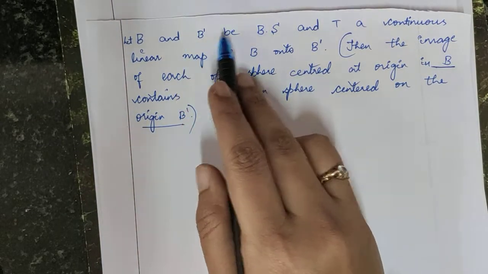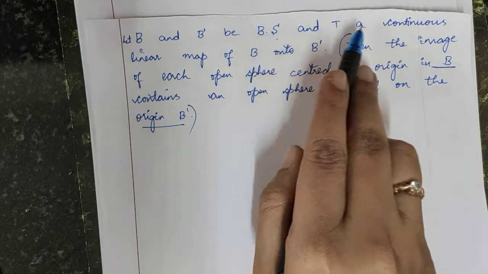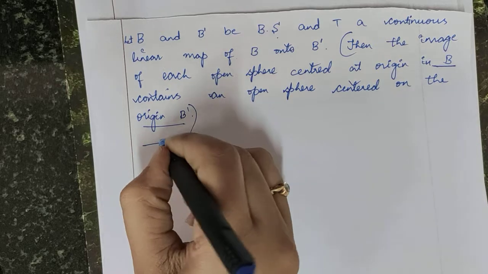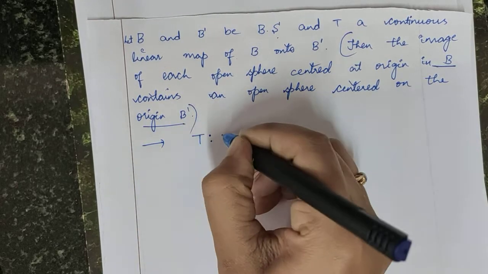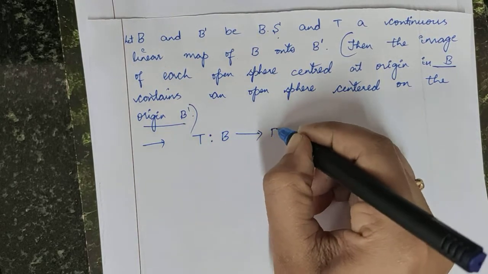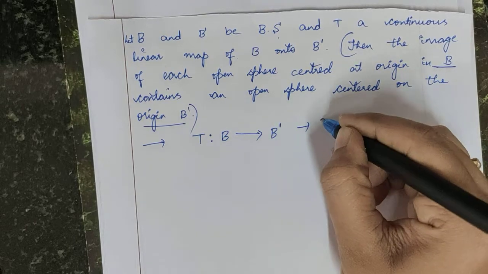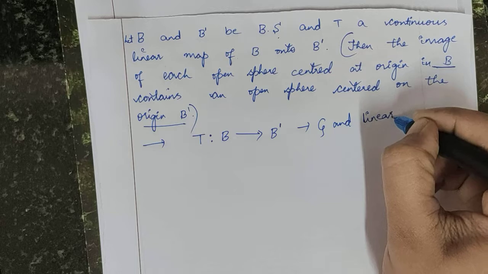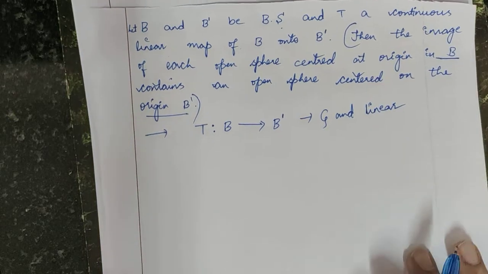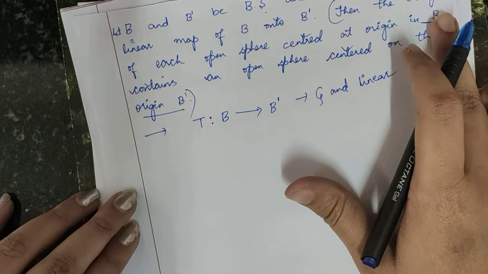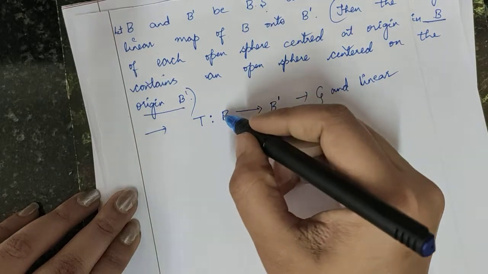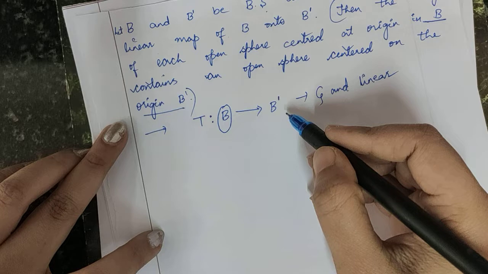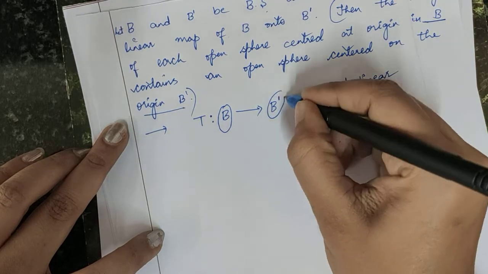They have given that B and B prime are Banach spaces and T is a continuous linear map of B onto B prime. That means I can write T is a mapping from B onto B prime which is continuous and linear. So we have to prove that the image of each open sphere centered at origin in B contains an open sphere centered on the origin of B prime.